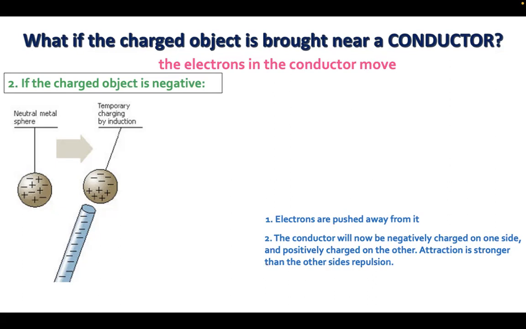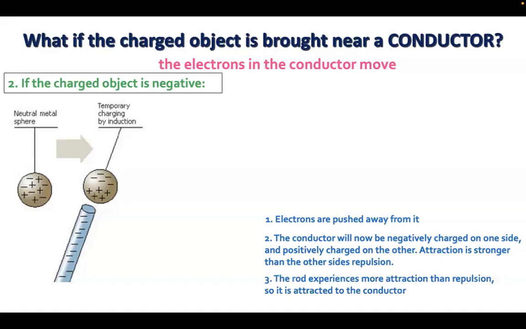And it's temporary because you always need the negatively charged rod to be close to it. Once you remove it, it's back again. Okay? And attraction is stronger than repulsion, so the rod will experience attraction to the conductor.